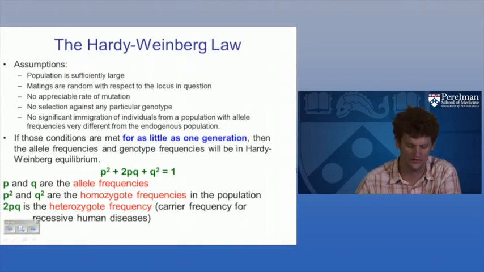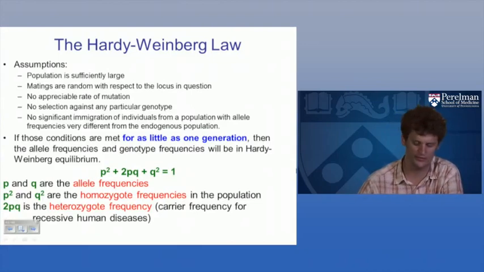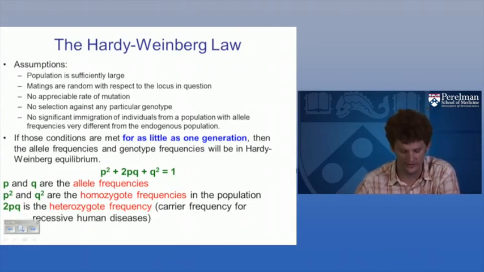So it has all these assumptions: large population, random matings, no appreciable rate of mutation. It turns out the rate of mutation is low enough that this is basically true, and no selection.